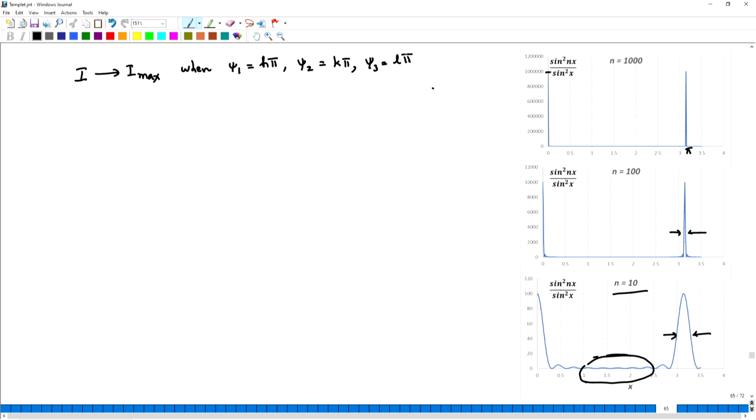All the three conditions have to be met to get a maxima, because you can see from such functions that the way the function behaves, even if one of the sine square nx upon sine square x terms goes to 0 more or less, if this condition is not satisfied, the entire intensity will go to 0.